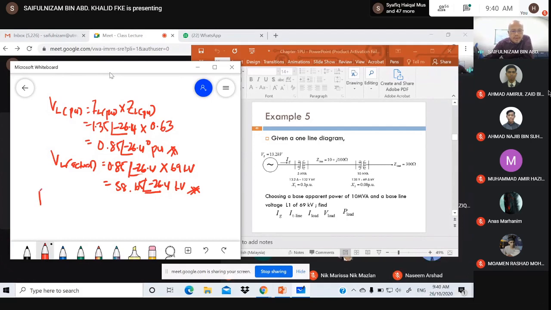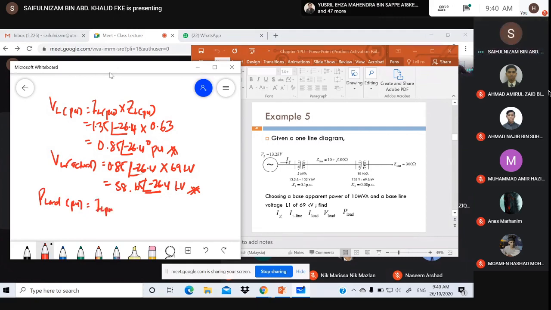Then P load PU. What is the equation for finding the real power? I load PU squared times R PU, right? So what is I load PU? 1.35.